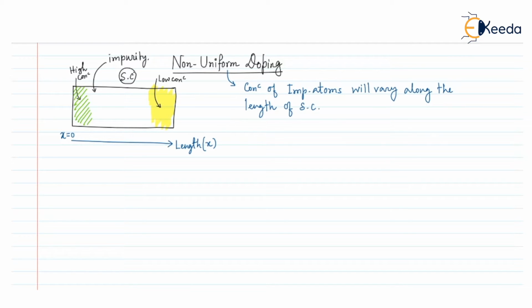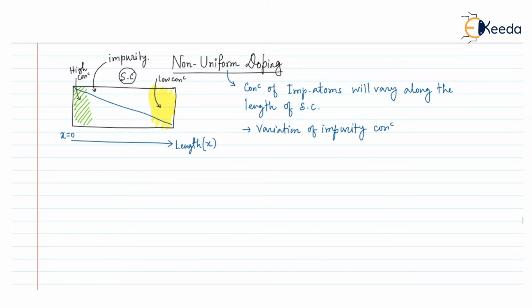Now this variation of impurity concentration can be of different types. If the impurity concentration profile looks like this, that means in this green region the impurity is very high, in the right region the impurity is very low, and the concentration varies with respect to x in a linear fashion.